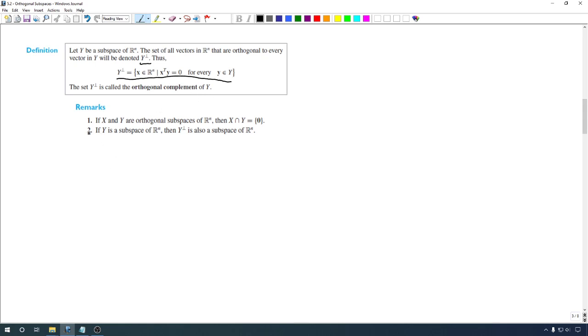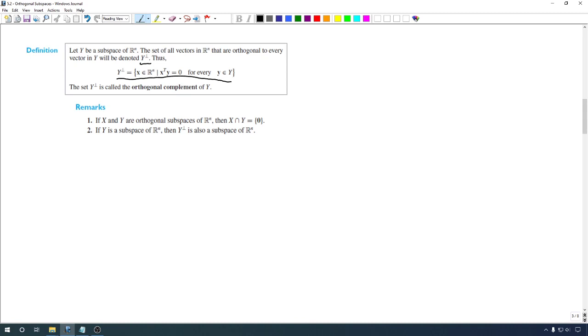The main important thing about that is if Y is a subspace, then Y perp is also always a subspace of Rn, no matter what. Now, it's not going to be the only subspace that is orthogonal to Y. There are definitely other ones, or can be other ones, in fact. But it is kind of the biggest one.